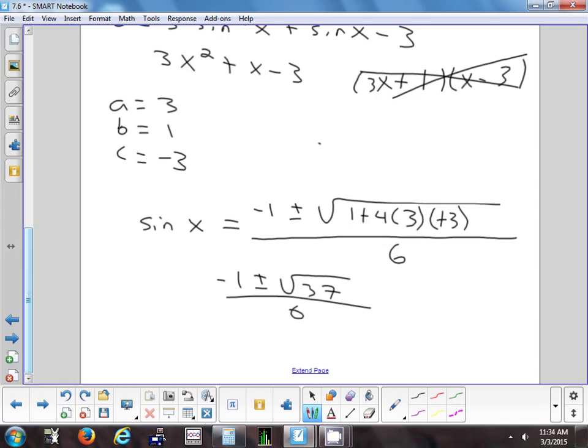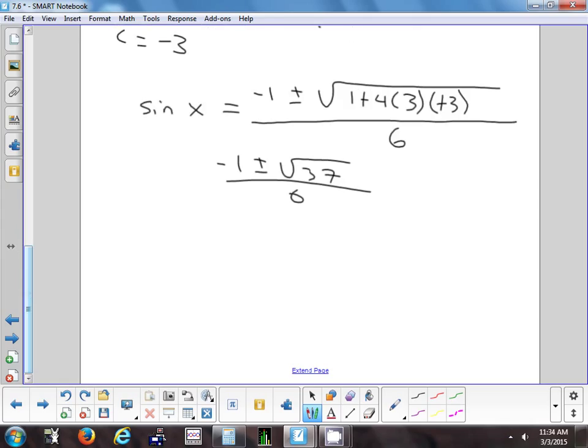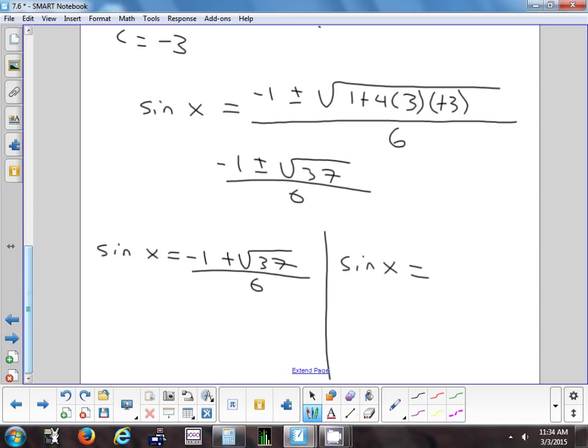So that's what sine x equals. Okay, let's just split it apart. So sine x equals -1 plus square root 37 over 6. And sine x equals -1 minus square root 37 over 6.